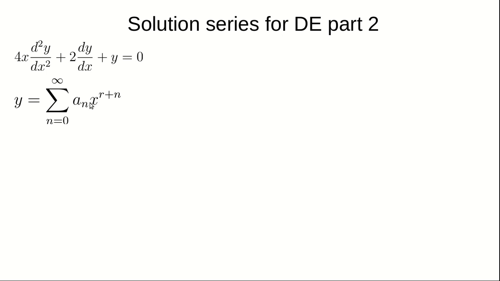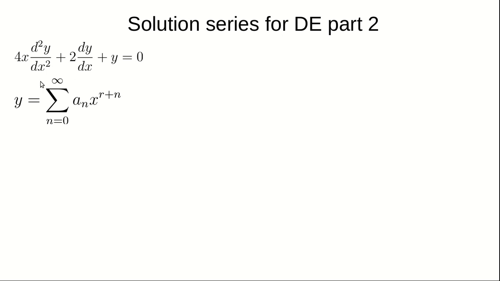Where y is equal to the summation of a subscript n x raised to the power r plus n, and the idea is for us to determine the values of a subscript n and r. Once we know those parameters, we can substitute them back into this equation, and that's all.